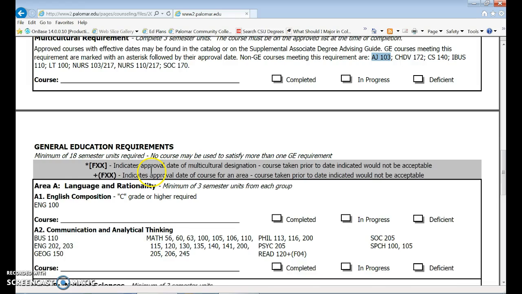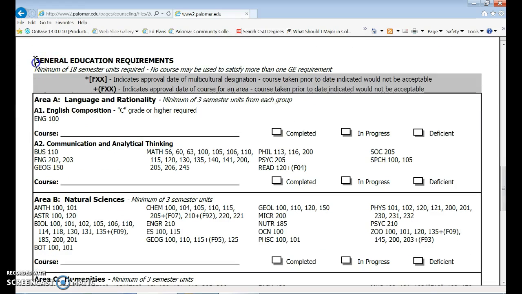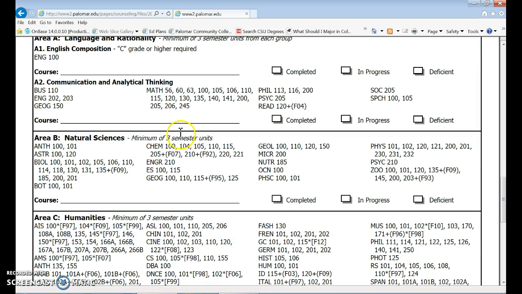Now, if you go to page 2, the general educational requirements. In order to graduate, you must complete English 100. If you placed into English 10, you'll take English 10, then English 50, then English 100.